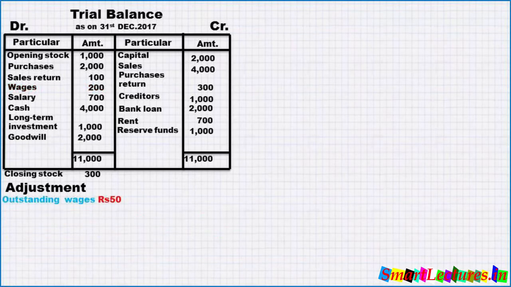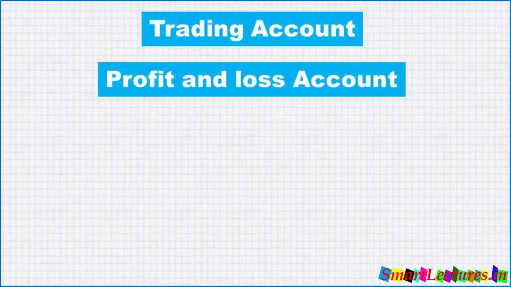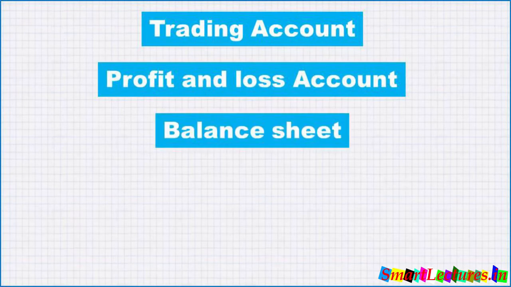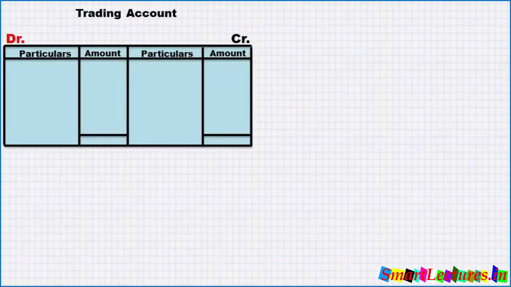50 rupees. Before I start the question, let's make the format of trading account, profit and loss account and balance sheet. On trading account, debit side you must write down before the start of question to opening stock, to purchases minus returns, and on credit side by sales minus sales returns and by closing stock.